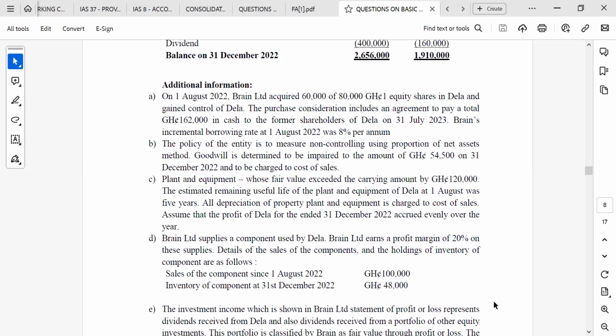Sometimes they can say the dividend can even be paid in the year before the acquisition. So the question can tell you that a dividend of this amount has been paid maybe on 1st July. It means that particular dividend will be paid out of the post-acquisition profits. But since they are not saying anything like that, we will just assume that the dividend has been paid at the end of the year, which will be the post-acquisition dividends. Are you okay? All right.